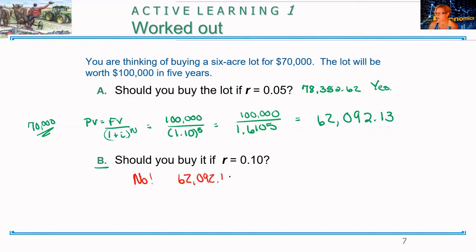Okay, so this illustrates an important topic when we talk about present value and interest rates. So what happened in this example? We held the future value constant. We held the time periods constant. So the only thing that really changed here was the interest rate.